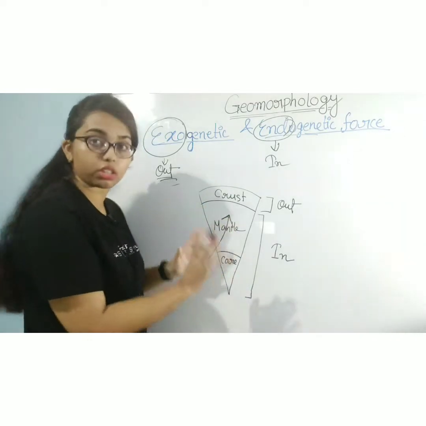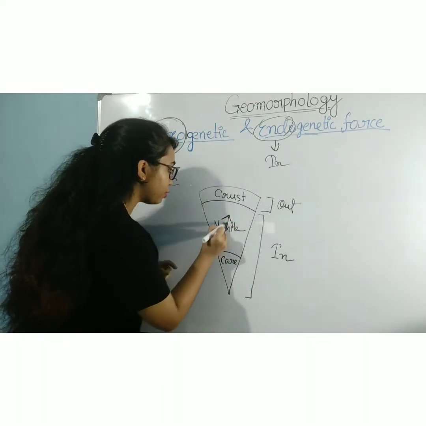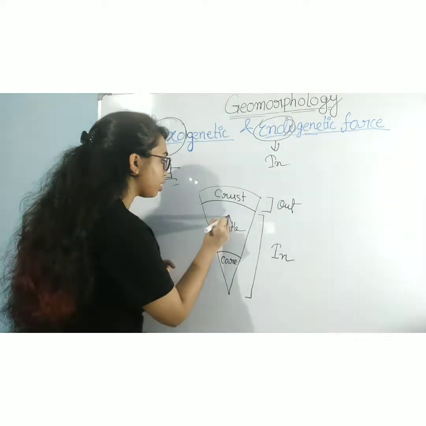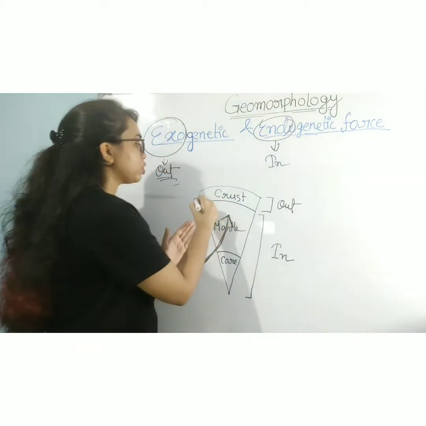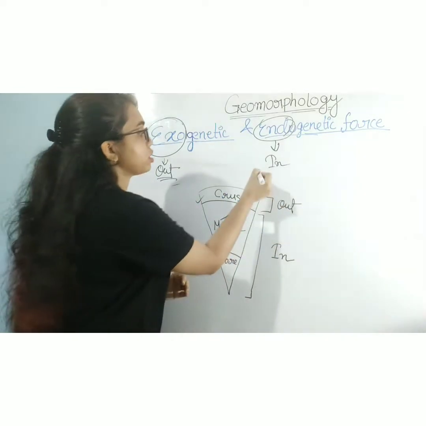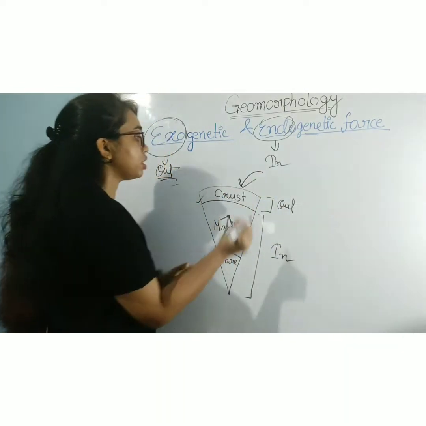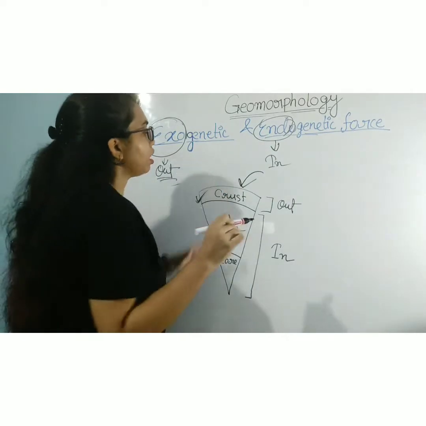If the force comes from the internal portion, it is an endogenetic force and it affects the crust. If the force comes from the external portion, it also affects the crust.